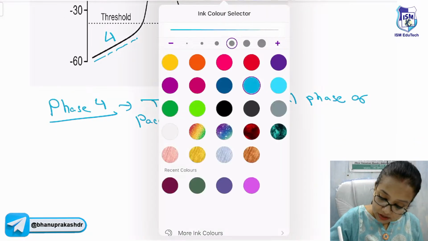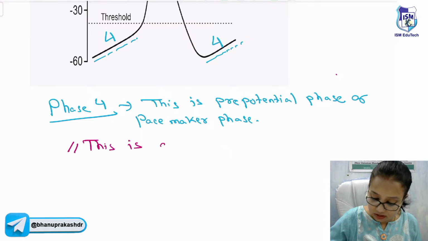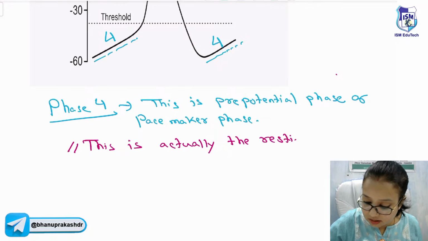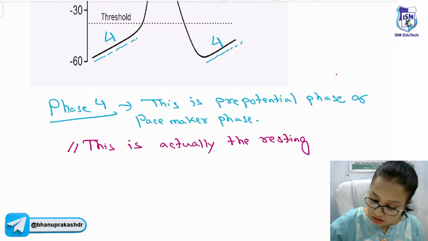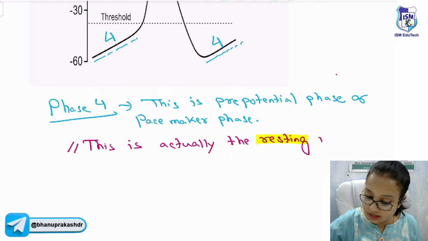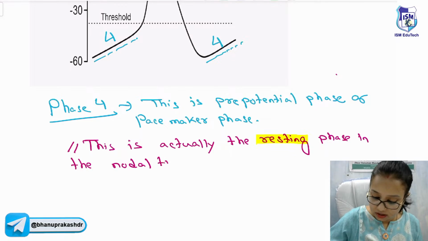Here, phase 4 is actually the resting phase. I highlight it because there is a lot to understand about it. It is the resting phase in the nodes or nodal tissue.